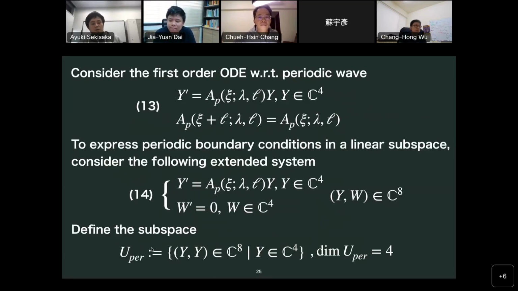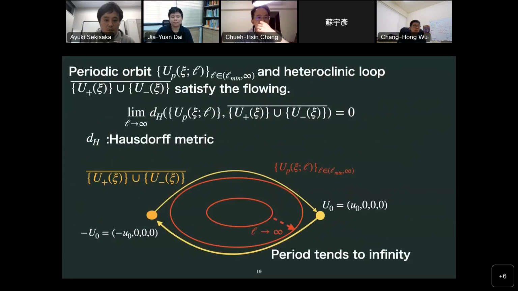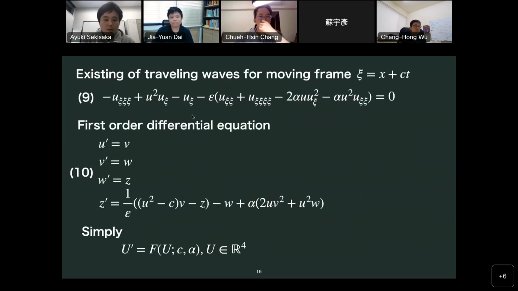For example, Dirichlet boundary conditions realize linear subspaces in 13. U dash equals V, V dash equals W. So the Dirichlet boundary condition is U equals 0.